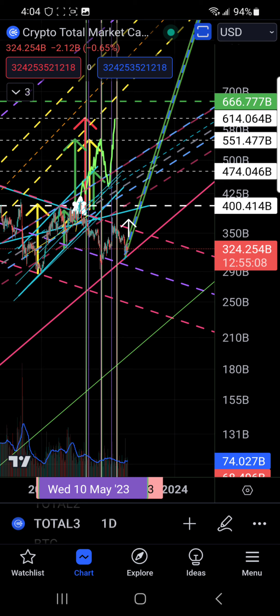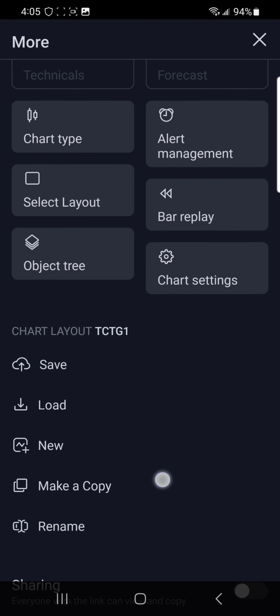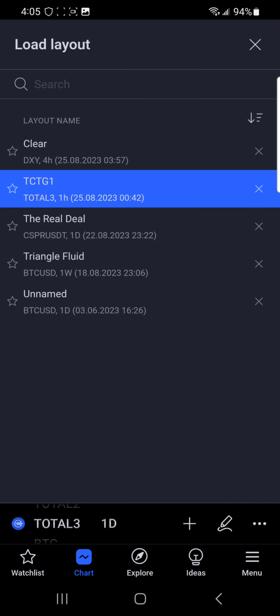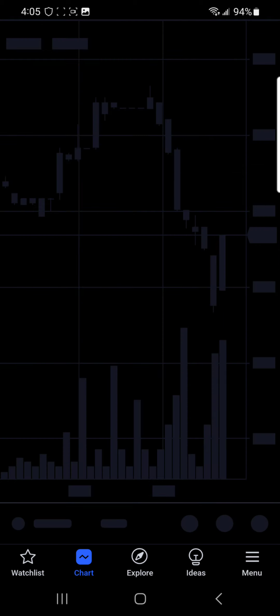And why? You know what? Let's switch to a different one. I always thought it was this chart, maybe it's this one. Can't remember where those were.